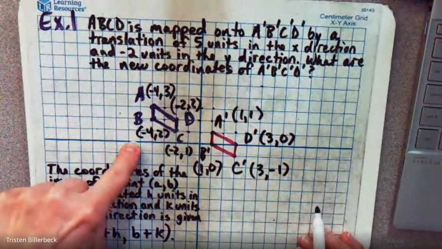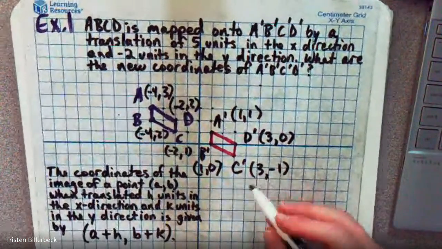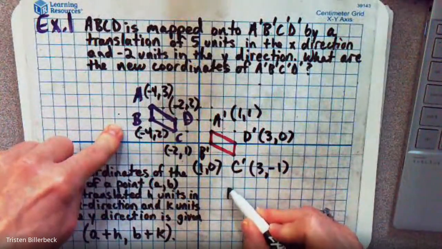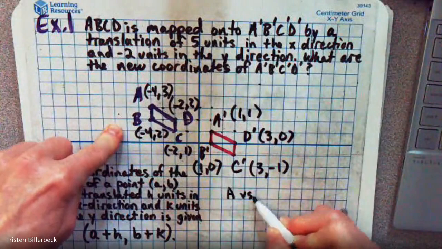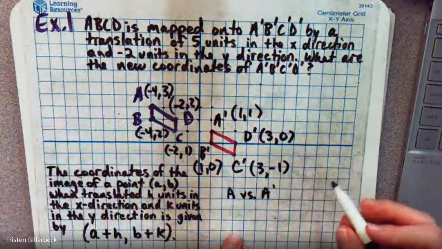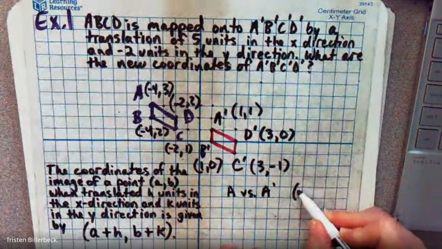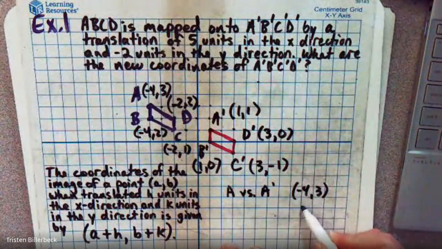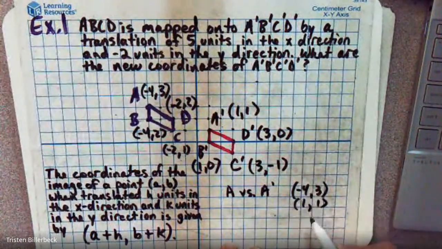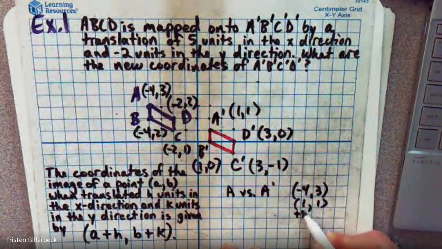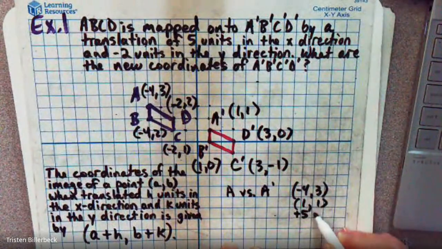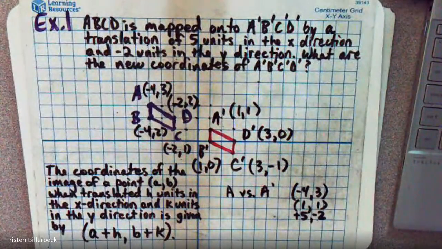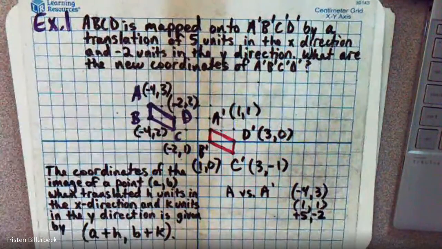Okay, so if we look at the original coordinates, let's start with A versus A prime. We have -4, 3, and it becomes 1, 1. In order to do that, I had to add 5 to the -4, and I had to subtract 2 from the other coordinate, which is exactly what it's saying that we're doing.